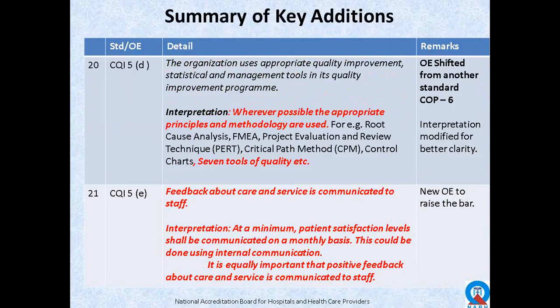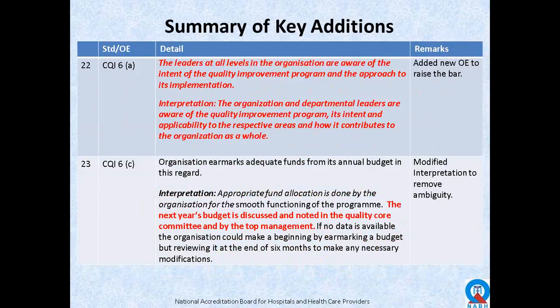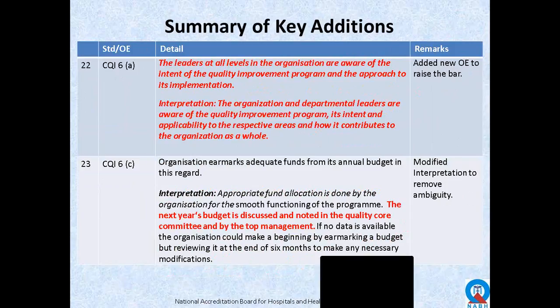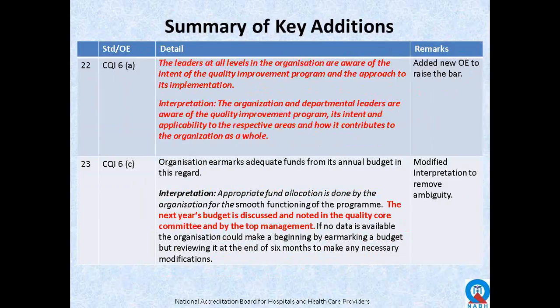5E, feedback about care and services is communicated to the staff. So again, at interpretation, at a minimum patient satisfaction level shall be communicated on a monthly basis, and this should be done using an internal mechanism. CQI 6A, so this is a new objective element added to raise the bar. The leaders at all levels of the organization are aware of the intent of the quality improvement program and the approach to its implementation.